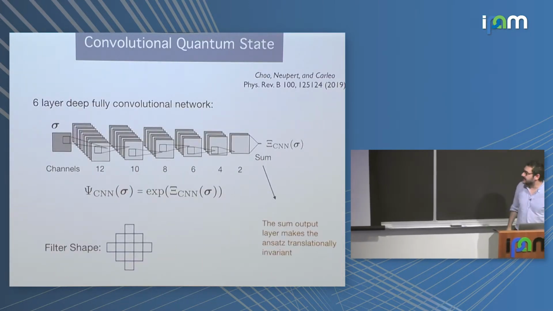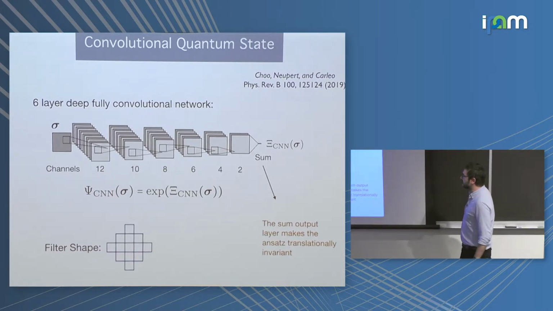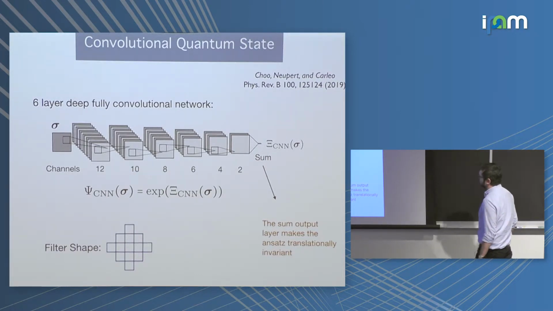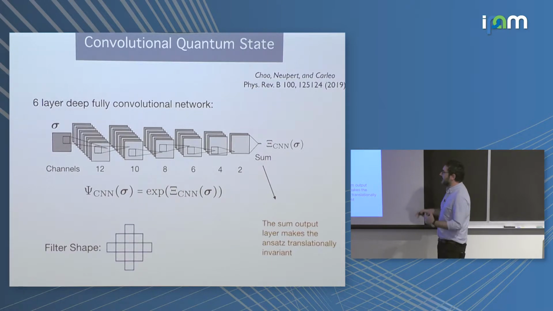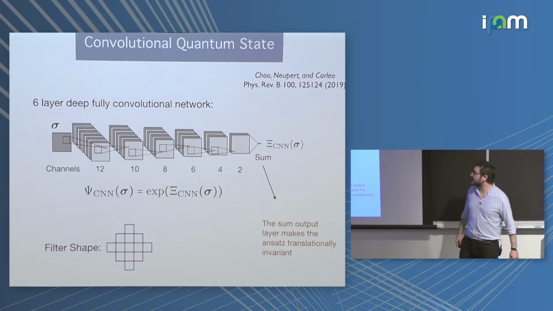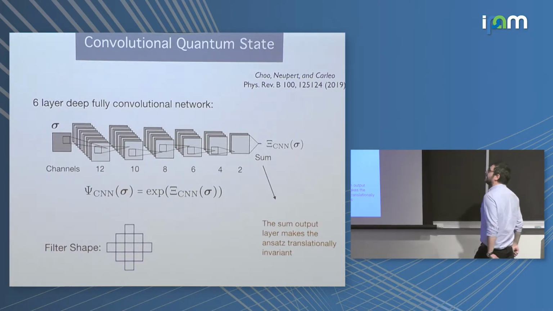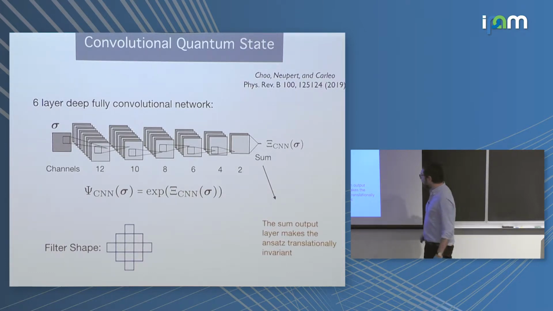Now, what we did is that we tried out our approaches on this complex problem. This is the paper where we started doing this. We use, again, a relatively standard convnet to represent the wave function. We use a 6-layer, in this case, very tiny deep neural network.